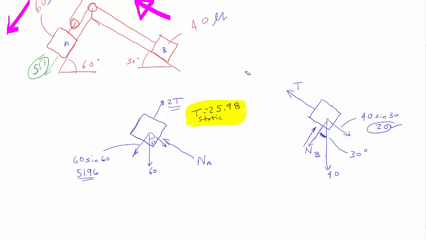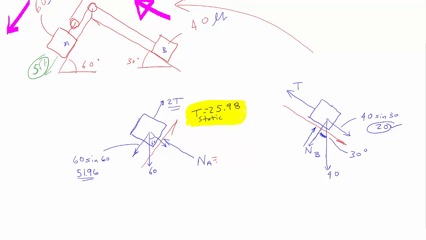Now that I know this block is moving in this direction, I know the frictional force will be like this. And if that one's moving up and this one's moving down, this frictional force will be like that. And the question is what's the frictional force going to be?